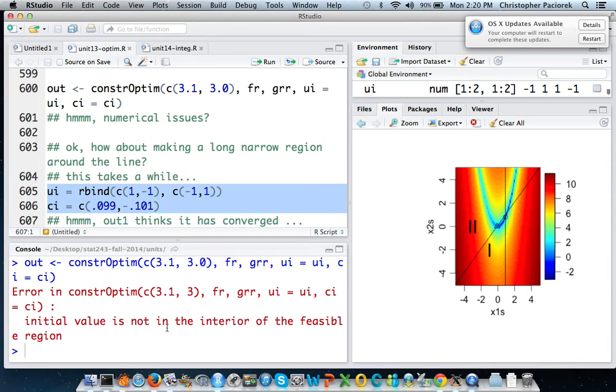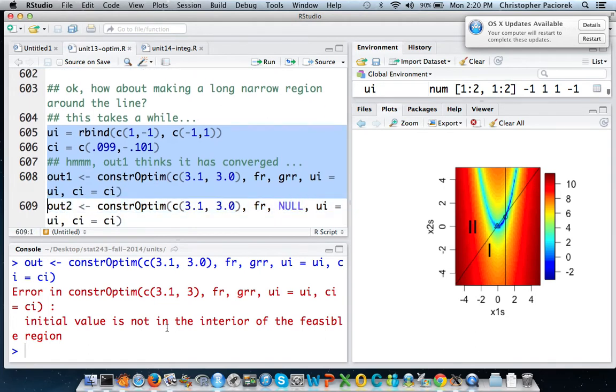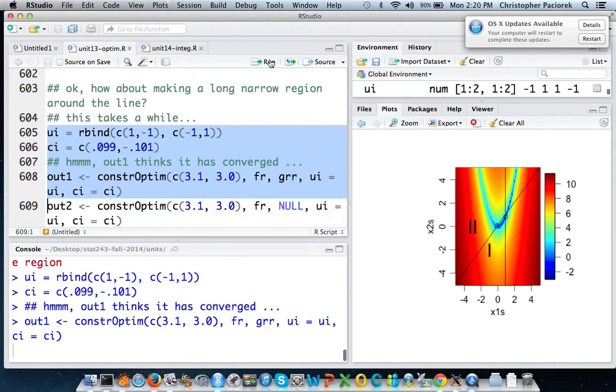So I made a fat line in some sense and defined that as my constraint region, and then did the optimization.